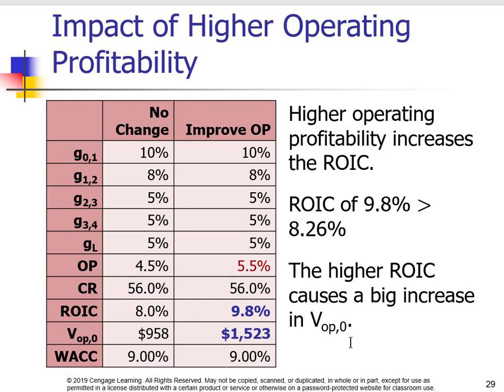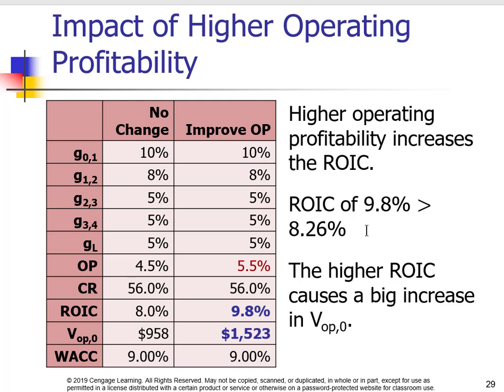What about higher operating profitability? Again, if you notice here, we switched back the growth rates to where they were, and now we have operating capital increases. So this is the higher operating profitability. If you make more money, what happens? Well, in this case, higher operating profitability increases ROIC.